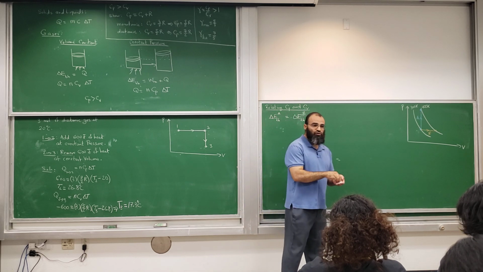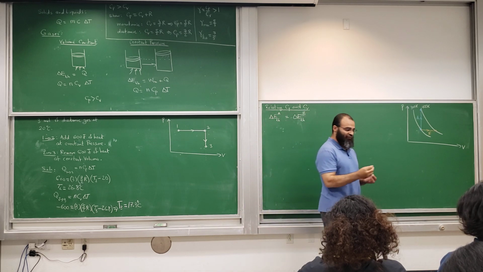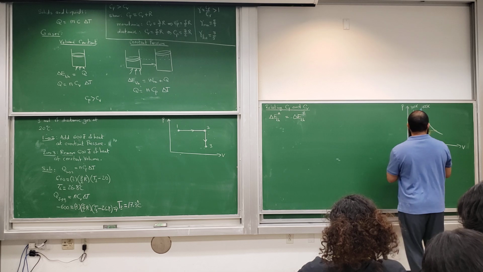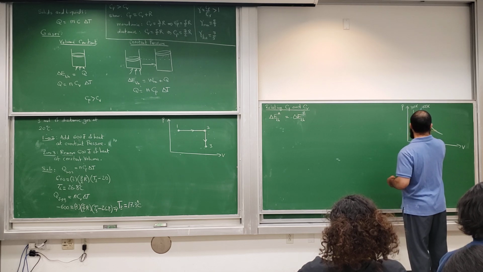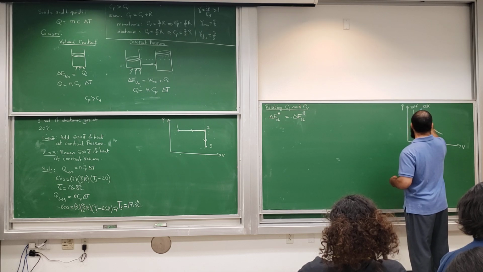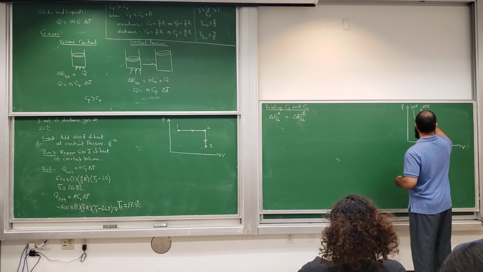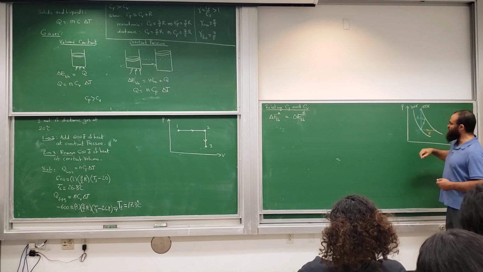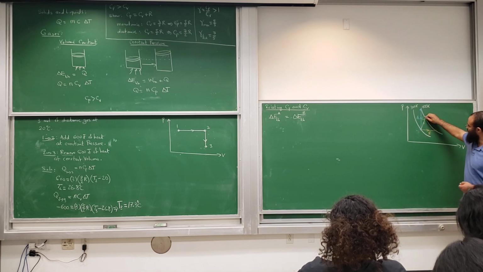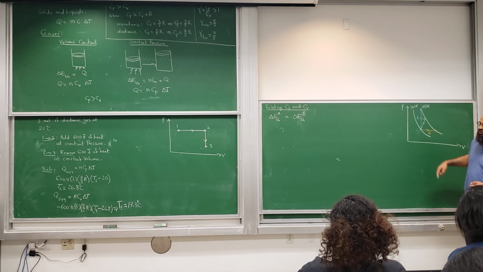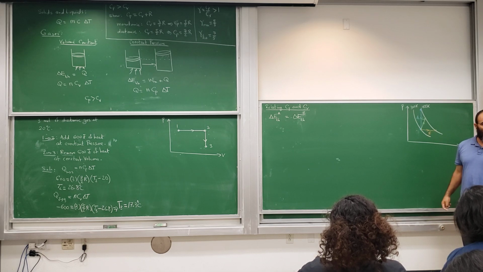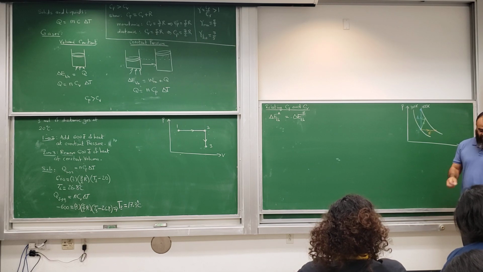Now, I'm going to draw two more just to drive the point. Let's say process C goes like this. Is the change in thermal energy in process C going to be the same as A or different? The same, because the change in temperature is the same.